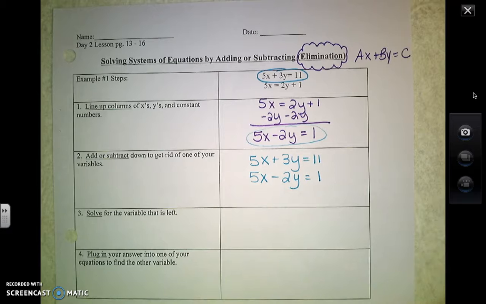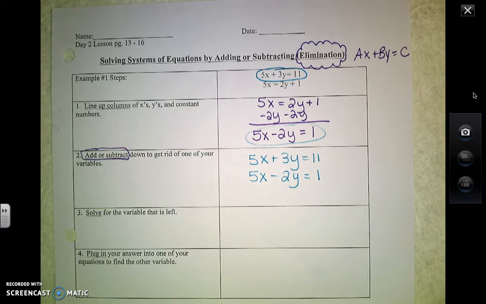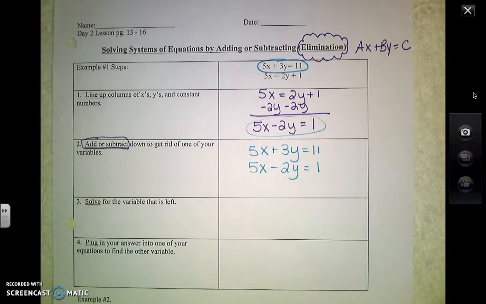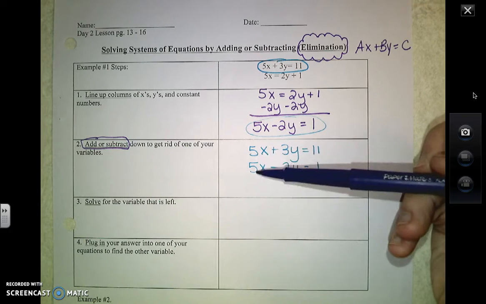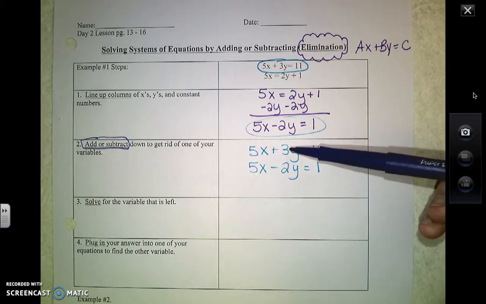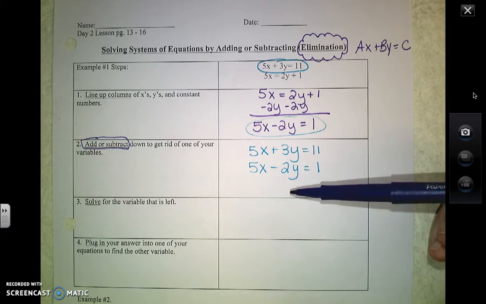And you're either going to do this by adding or subtracting down each of the columns, okay? So if I added these two columns together, would either of my variables be eliminated, so canceled out? So if I do 5x plus 5x, I would get 10x, so that does not cancel out. If I do 3y minus 2y, I get 1y, and that does not cancel out.